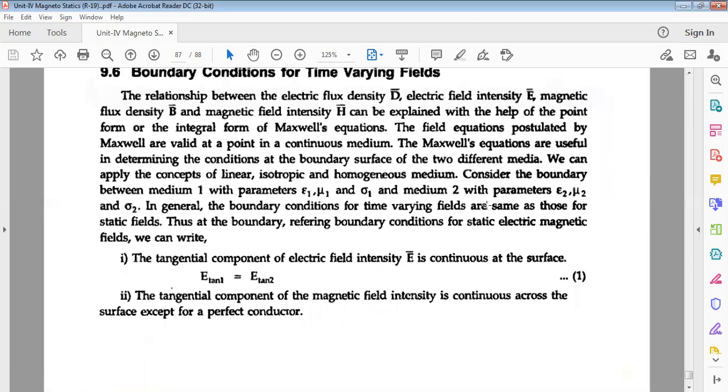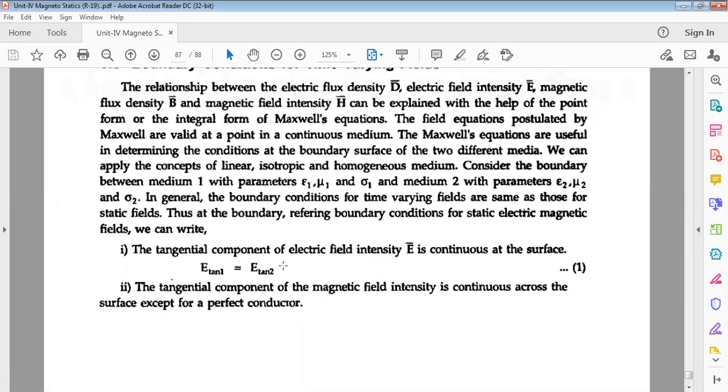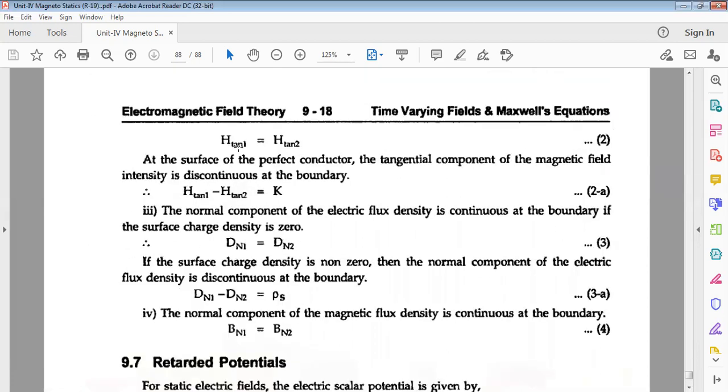Got it, my dear students? For the tangential and normal components of electric and magnetic fields, E tan 1 is equal to E tan 2 and H tan 1 is equal to H tan 2, both are continuous.